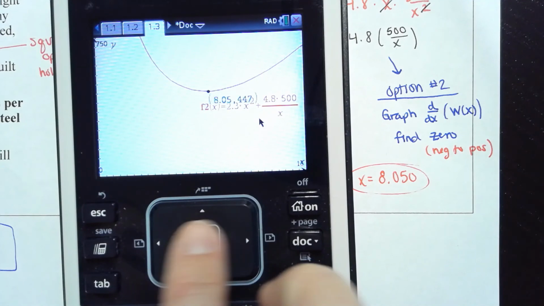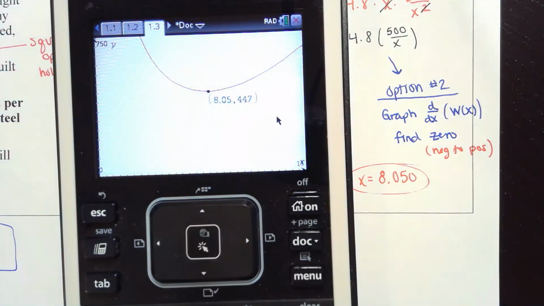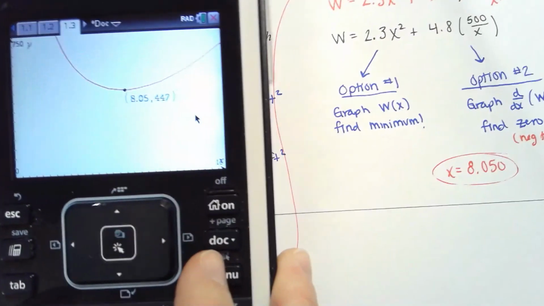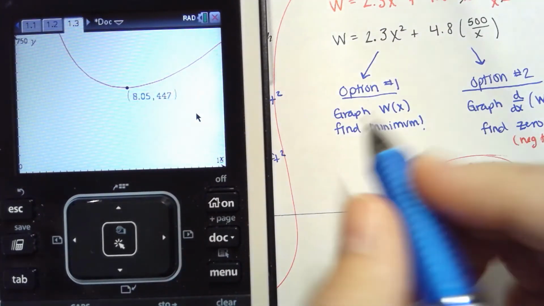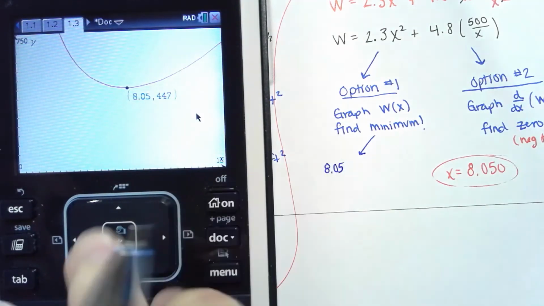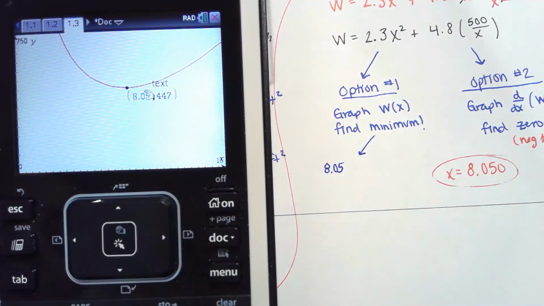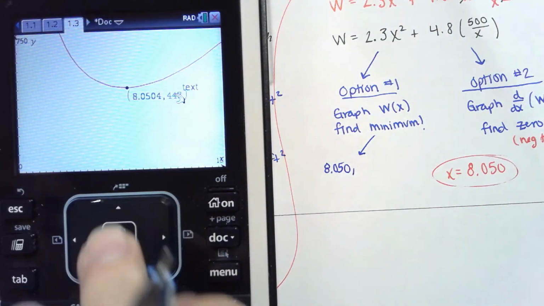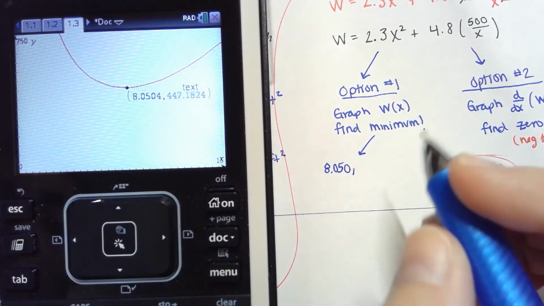Now, I'm going to delete this in red here. The thing with using this method, it seems the easiest, is that you have to interpret your answer because a minimum is an x and a y, right? So we got our answer. The minimum point is 8.05. I should go find more digits even though I know them. 8.050 and then 447.182.